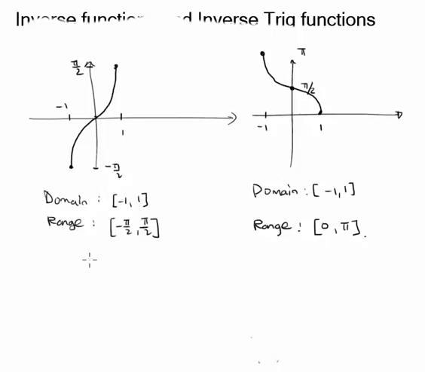Now let's do the tangent function. The original tangent function, as you know, looks like this. It starts from 0 to infinity, and that's where the asymptote is. It also shoots down to negative infinity, and that's where the asymptote is. This is pi on 2. This is negative pi on 2.